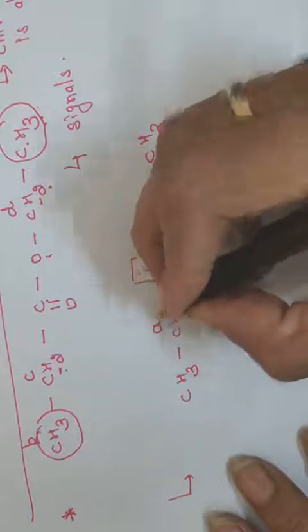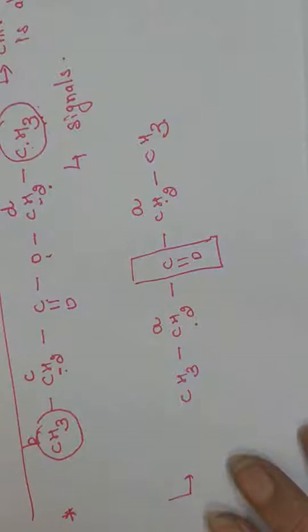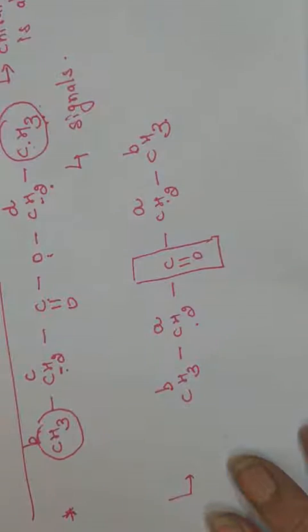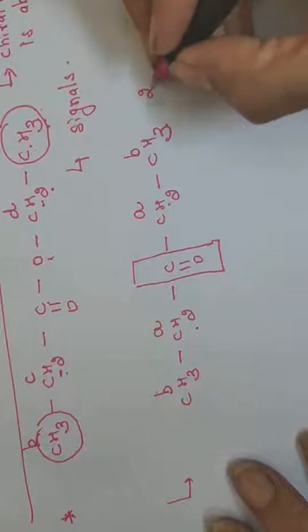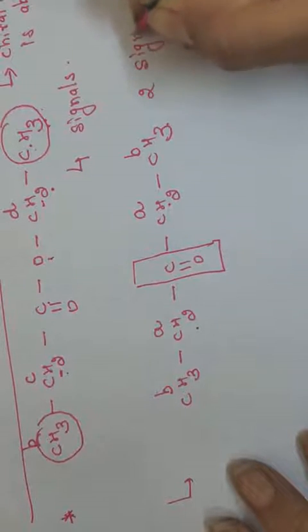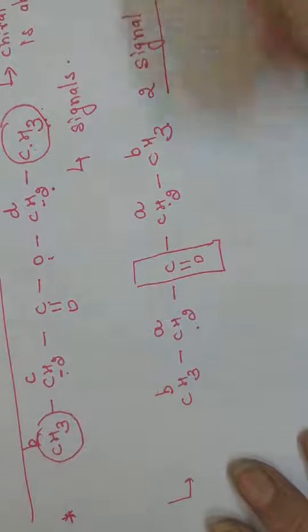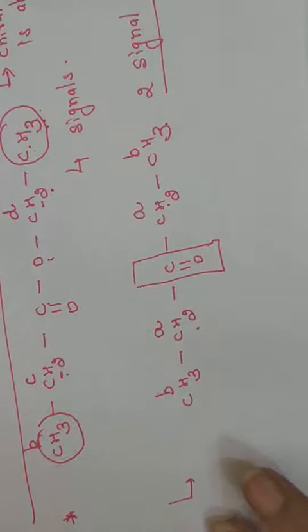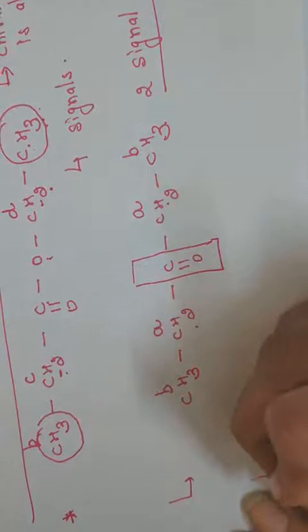If these are A, these are also A. If this is B, this will be B. So how many signals will be there in the NMR spectrum? You will observe 2 signals in the NMR spectrum. Now the third example.